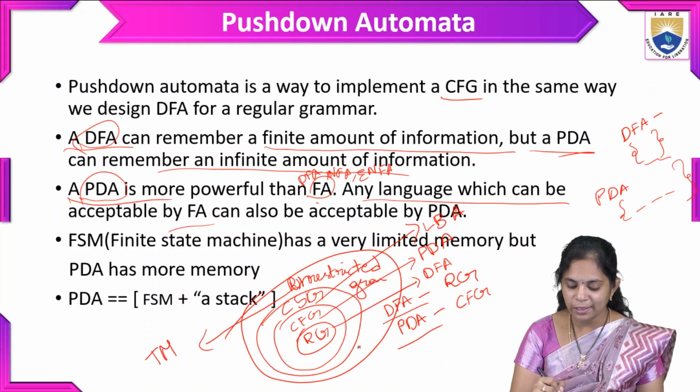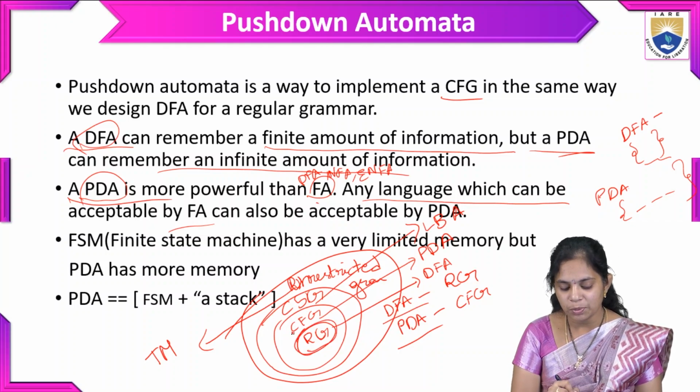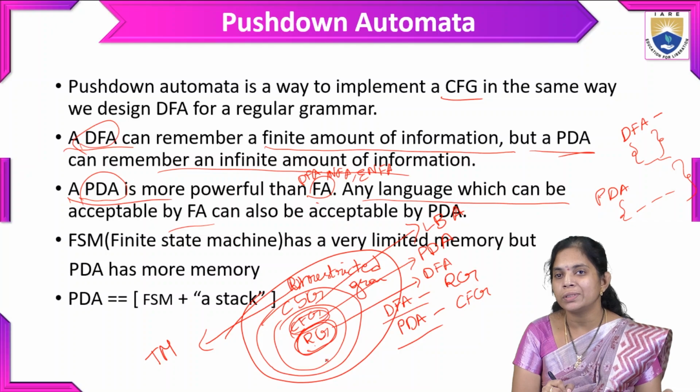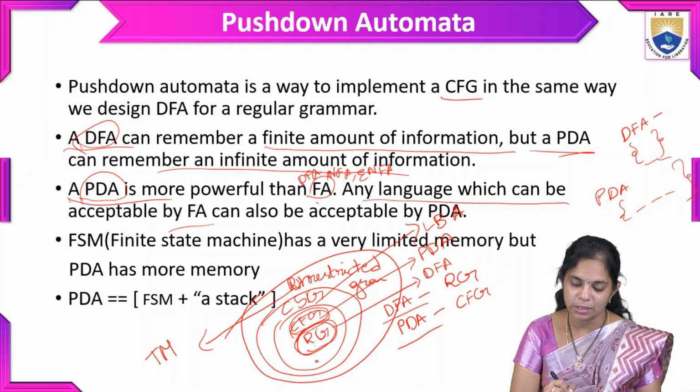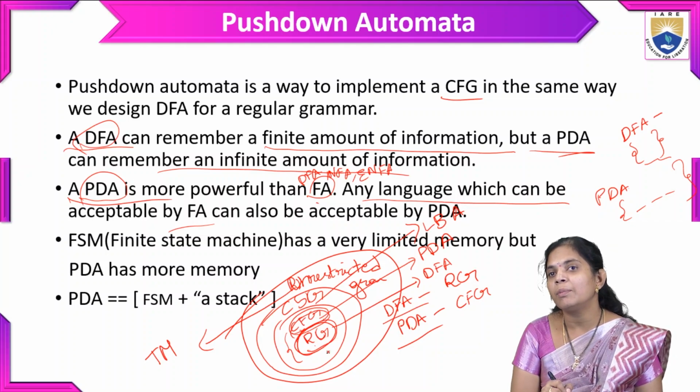So what this diagram says, this is the regular grammar, which is a subset of context-free grammar. So with the context-free grammar we can also generate the regular grammars. And what it indicates is that with this regular grammar also we can construct the PDA.